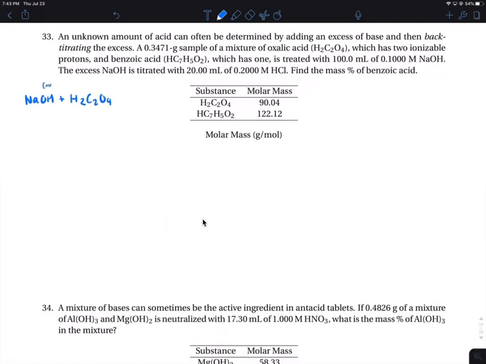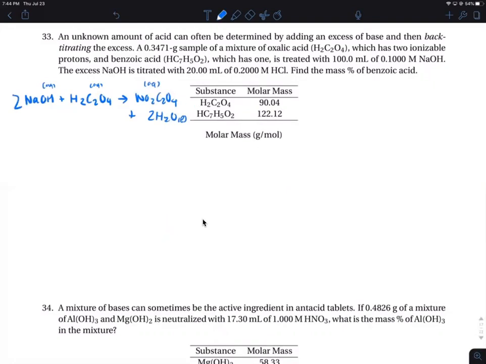So this is aqueous. Form Na2C2O4 and water. It's going to be 2 there. So this is aqueous, this is a liquid.